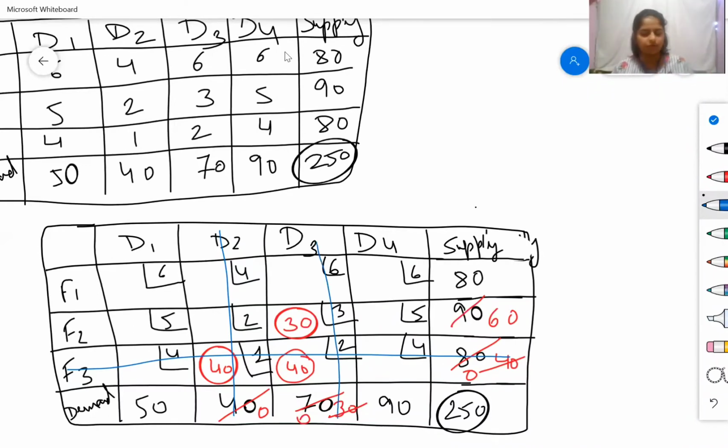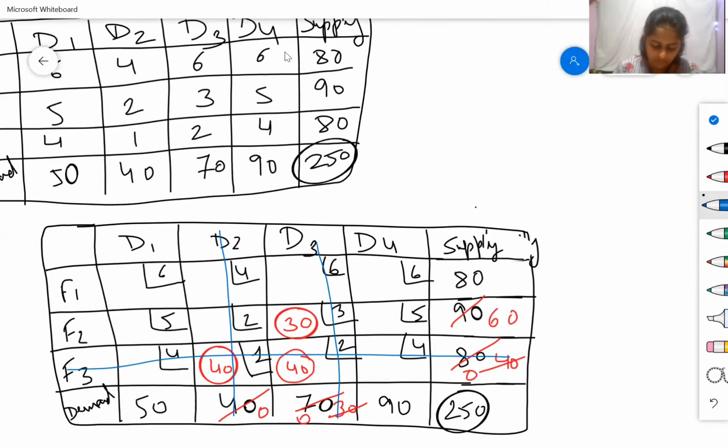Now we have to see from the D1 column and D4 column which is the lowest, and we have to allocate. We have here 5 in the D1 column and 5 also in the D4 column. Now what we have to see is where the maximum allocation can be done, because 5 and 5 are both the least.